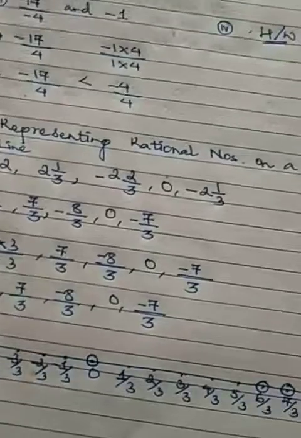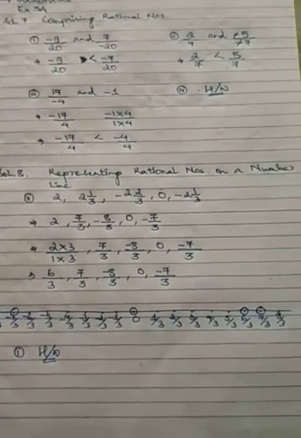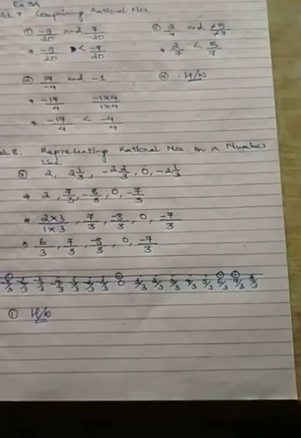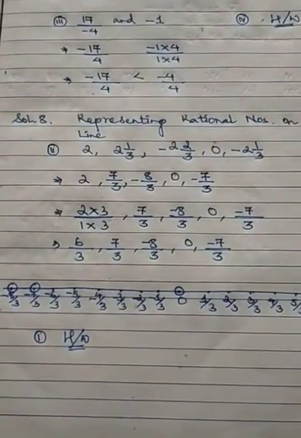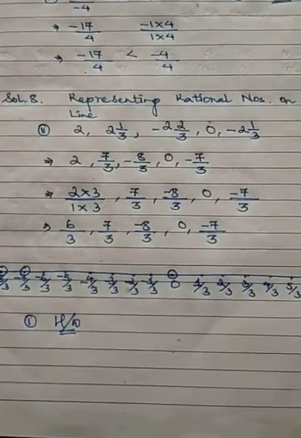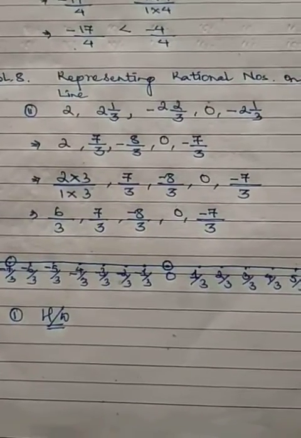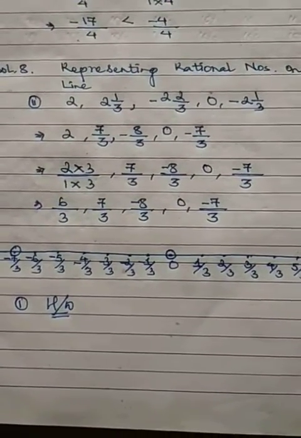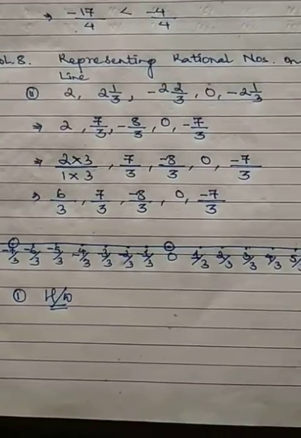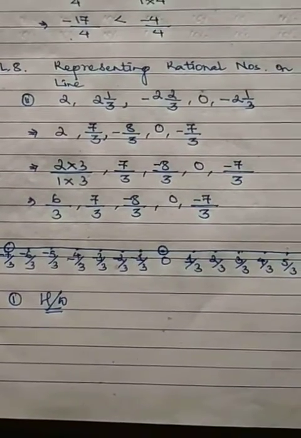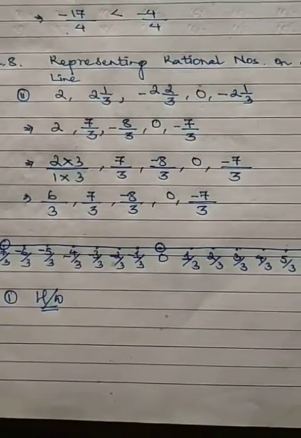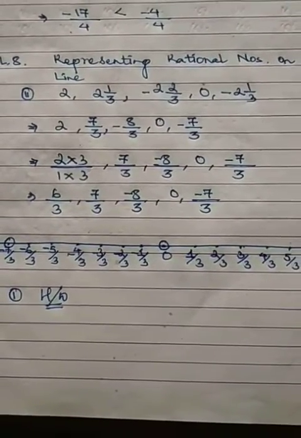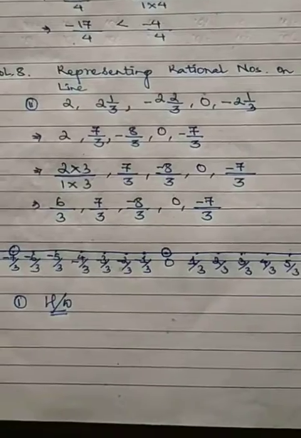The next question we have here is about representing rational numbers on a number line. So in question number 8.2, the rational numbers are given as 2, second one in the mixed fractional form 2 1 by 3, third one again mixed fractional form negative, minus 2 2 by 3, fourth one is 0, and the fifth one again a negative term, minus 2 1 by 3.